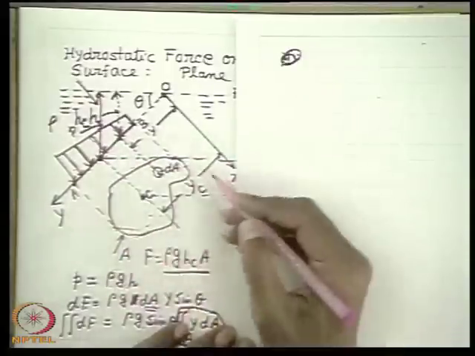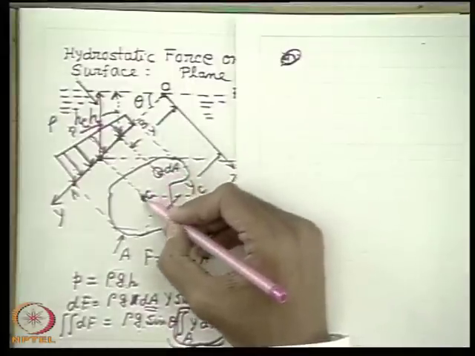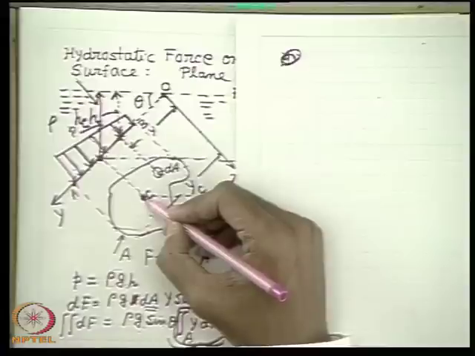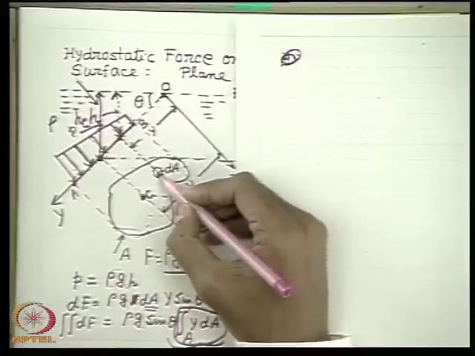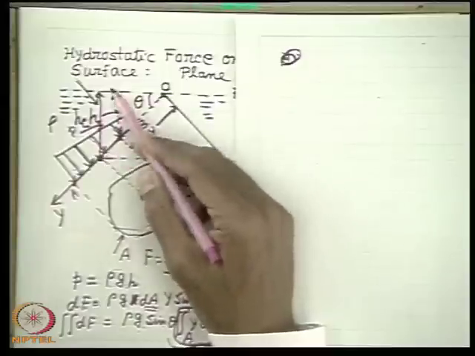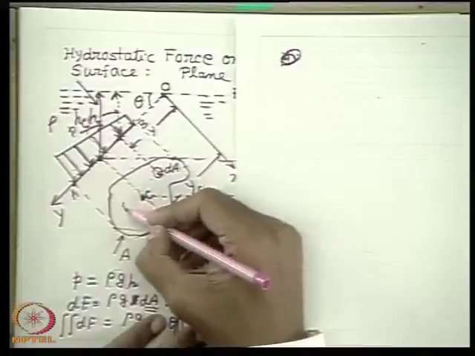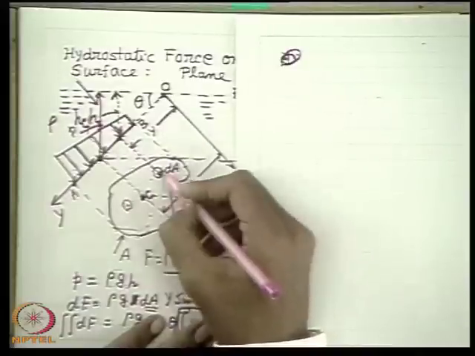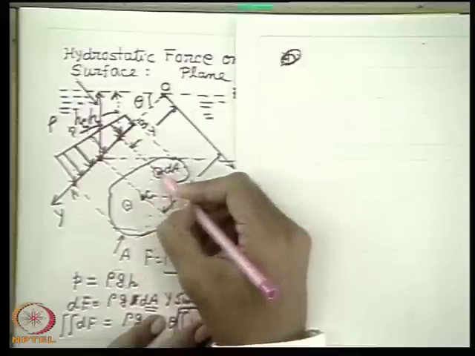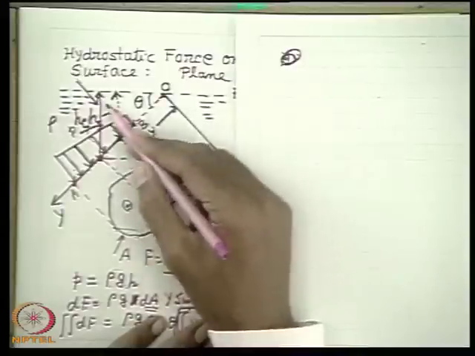But where is the point of application? It is also very simple. The point of application definitely will not coincide with the center of area. Why? This is because the forces are not proportional to the area. As we go along the surface, the depth is increasing. So even for the same area here, if we have another same area there, the two pressure forces are not the same, because the pressure intensity is changing with depth.